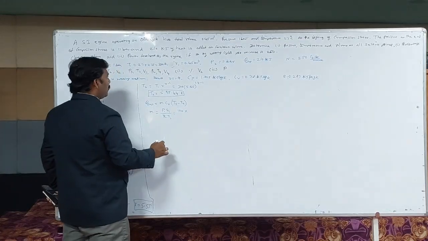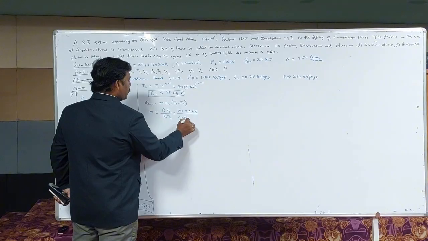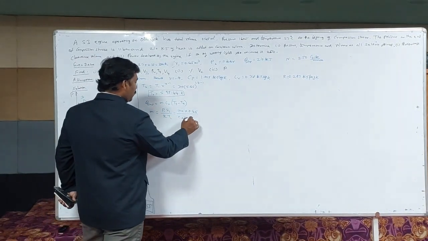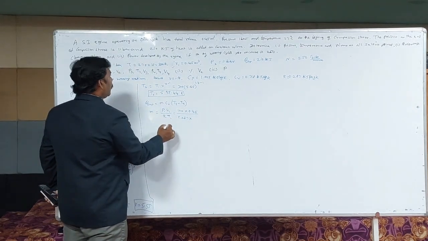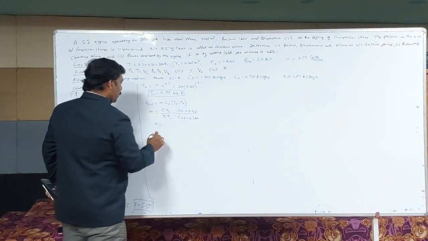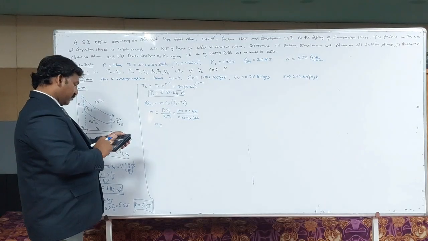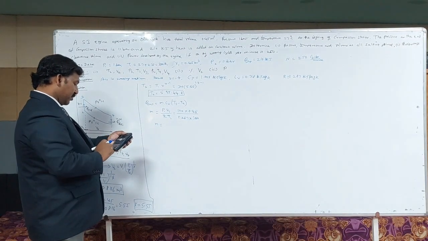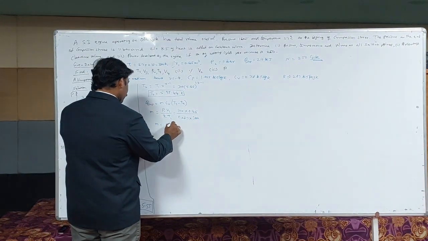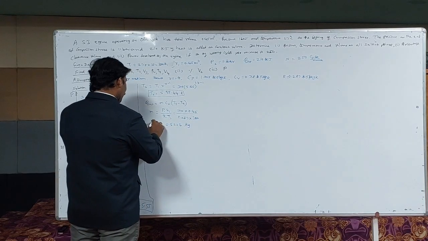So 100 kilopascal into V1 is 0.45 meter cube and R is 0.287 kilojoule per kilogram Kelvin. As I substitute P1 in terms of kilopascal, here we have to substitute R in terms of kilojoule per kilogram Kelvin, and T1 is 300 Kelvin. So the mass of air handled is equal to 100 into 0.45 divided by 0.287 divided by 300, which is 0.5226 kilogram of air per cycle.